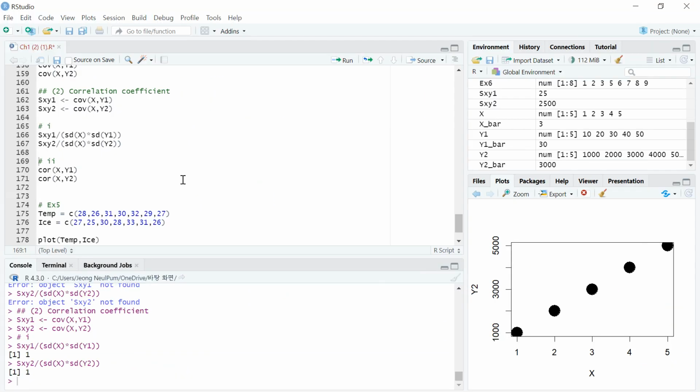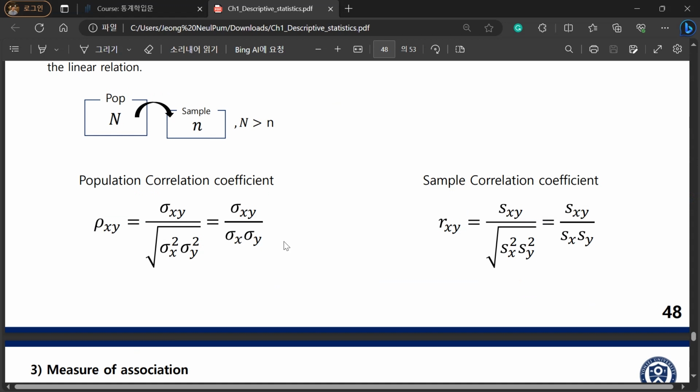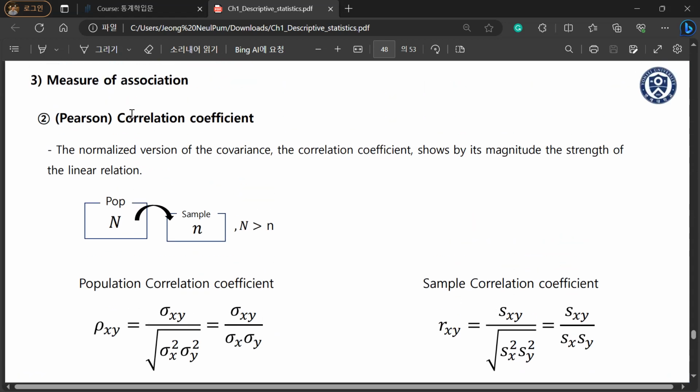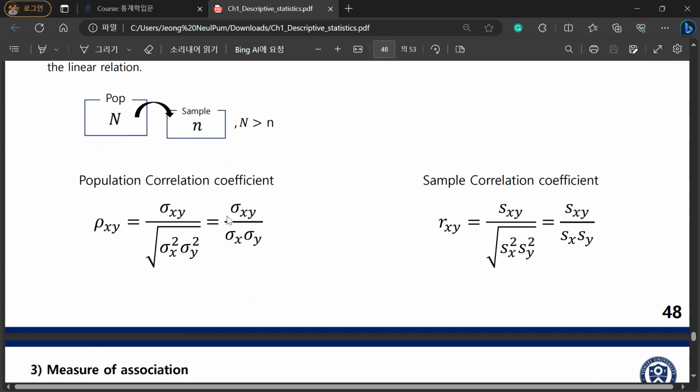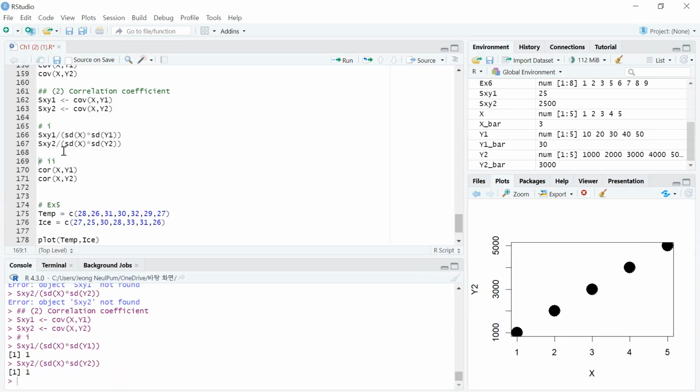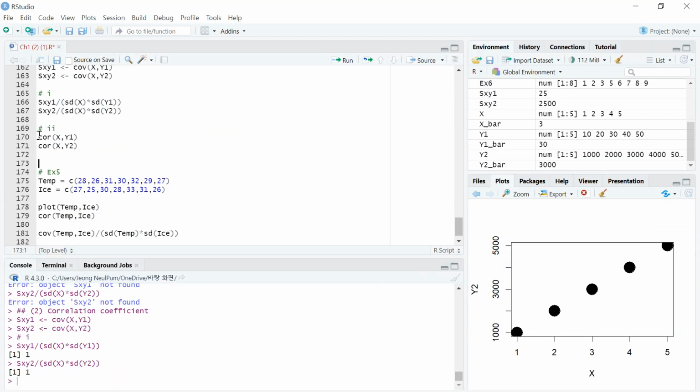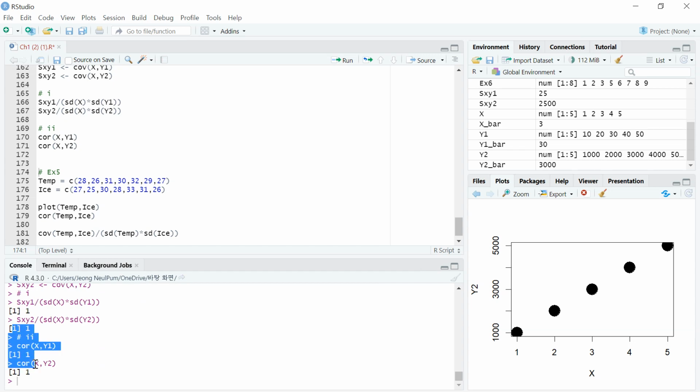So we can always see only how the data are associated with each other, not the scale of the two data. And there is also the correlation function here. You can see that it also gives us the same result here.